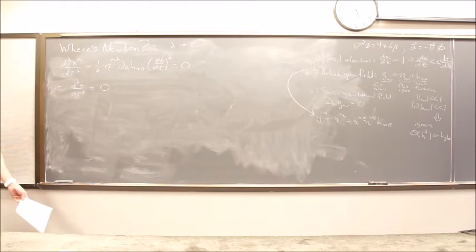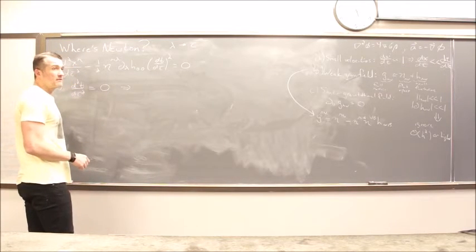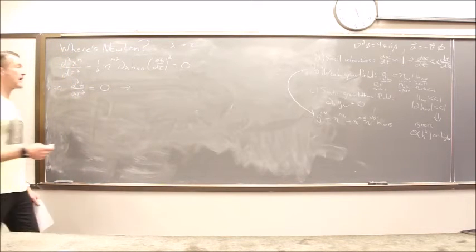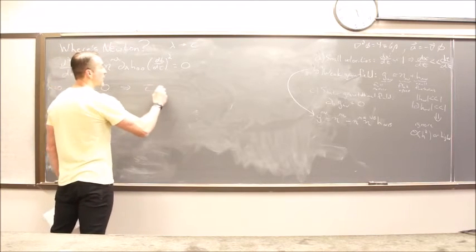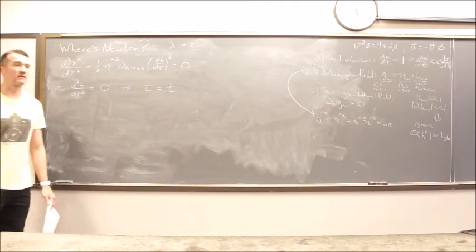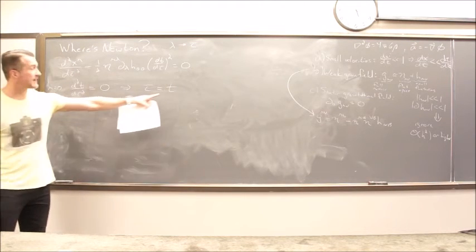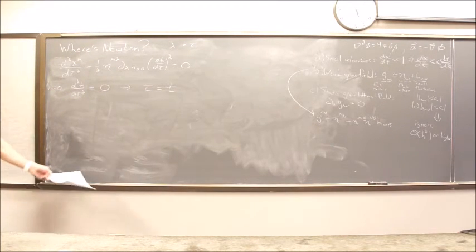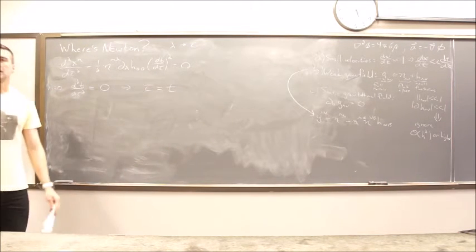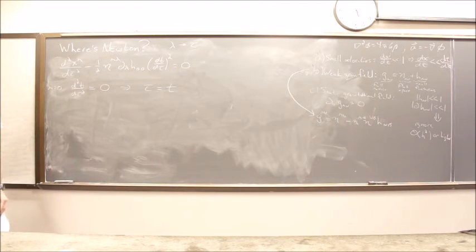That actually tells us something useful. What it tells us is that we can reasonably parameterize our path by a proper time that is just equal to coordinate time. If I take 2 derivatives of t with respect to tau, I get 0. I could use any linear function of tau, but we might as well just look at the simplest one.